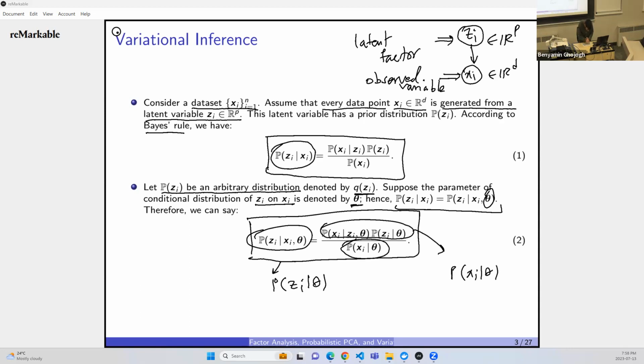I think I made a mistake here. Just give me a sec. Yes, and these two are equal. P of Xi over Zi given theta, right? Okay.